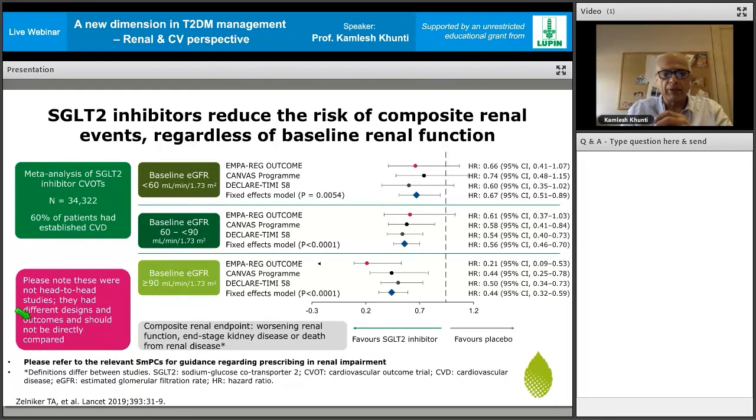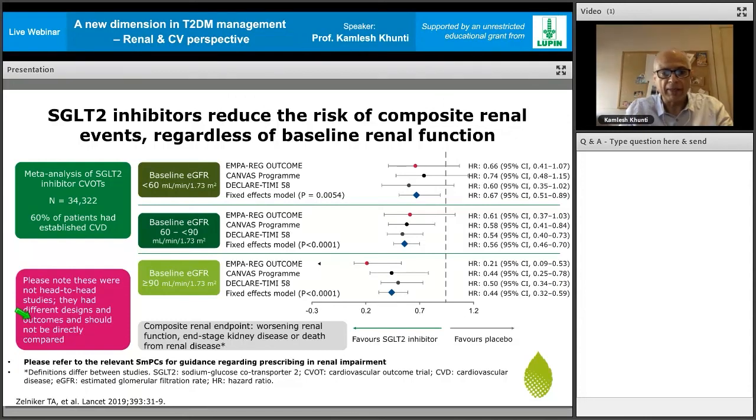This is interesting data looking by baseline eGFR for a systematic review of the 3 studies that we've got: EMPA-REG, CANVAS, and DECLARE. So this is looking at baseline eGFR less than 60. We see a reduction here of about 33% for renal composite endpoint.